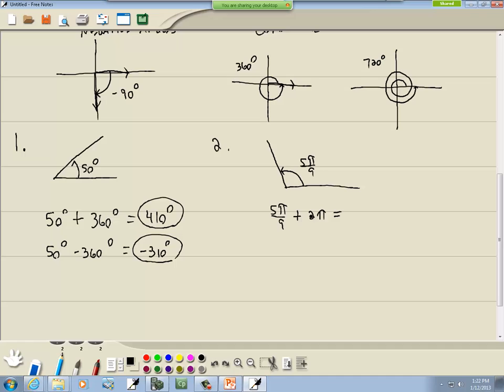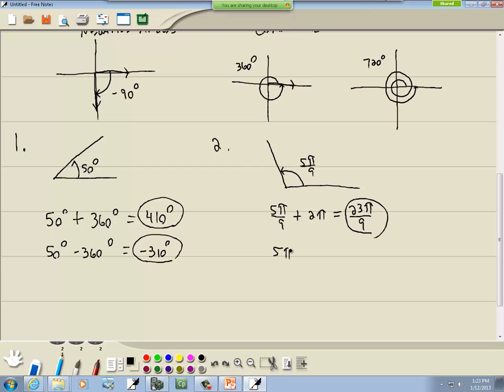If we ignored the pi's, if you took 2 times 9, that gives you 18, plus 5 gives us 23, and then I'll put the pi there, and then the denominator stays the same. So again, what I did is I took the number out here. 2 times 9 gives you 18, add the 5, gives you your 23. And then the denominator always stays the same when we put the pi back on.